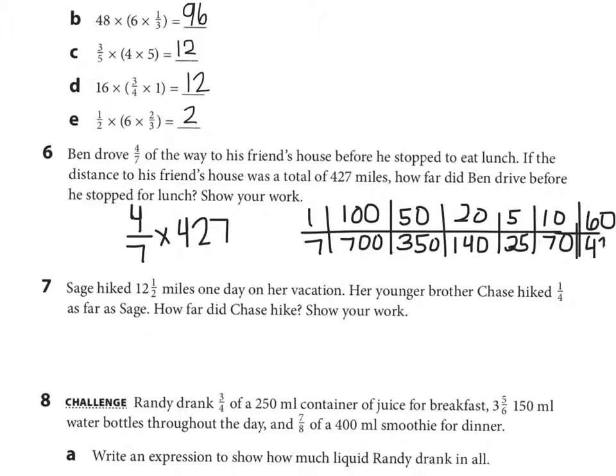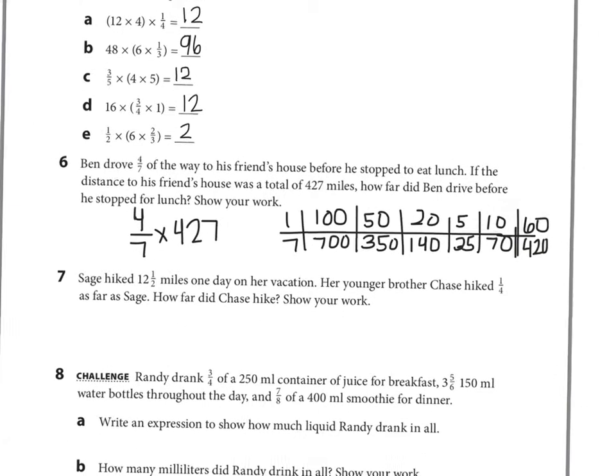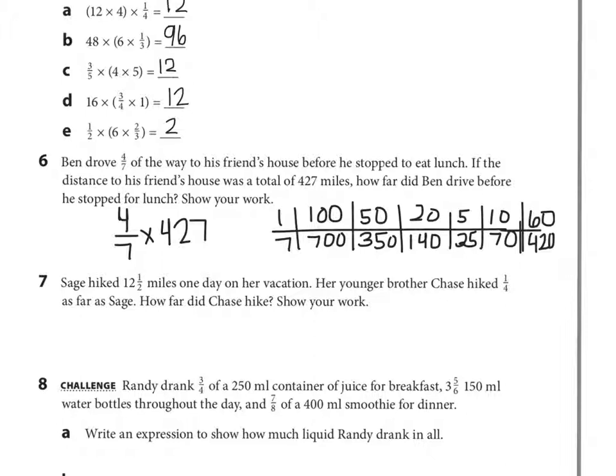And how many more do I need to get to 427? That's right, just one more group. And so here I know that 1/7 of 427 is 61. But now I have 4/7. And so I'm going to take 61 times 4.